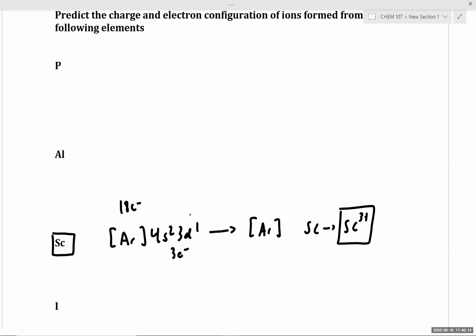Professor, how do we predict the transition elements? The transition metals have their own set of rules, and the transition metals can adopt typically a variable charge. However, for most of the early transition metals, you can lose all of the 4s and 3d electrons to generate an ion.